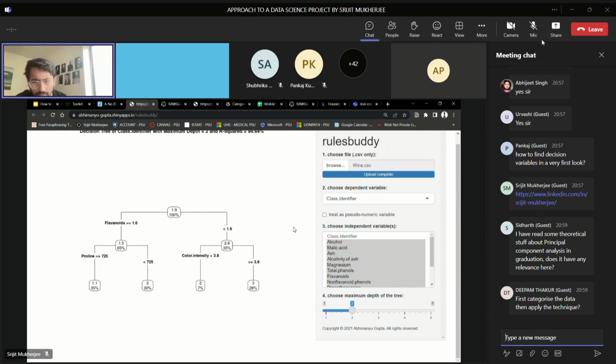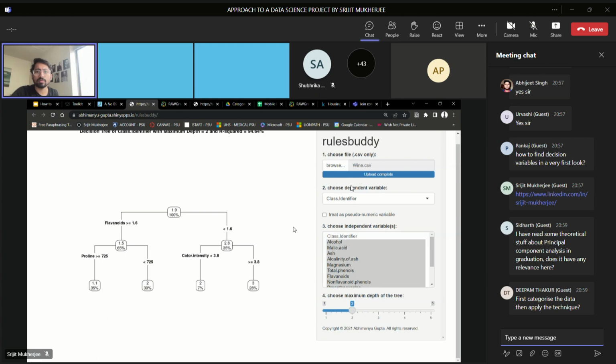Deepam Thakur is asking, first categorize the data and then apply the technique. What do you mean by categorize the data, Deepam? Can you share your idea? I didn't understand your question.